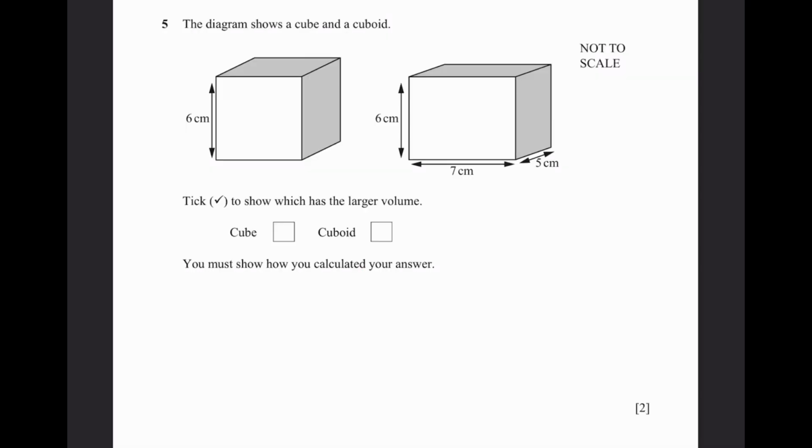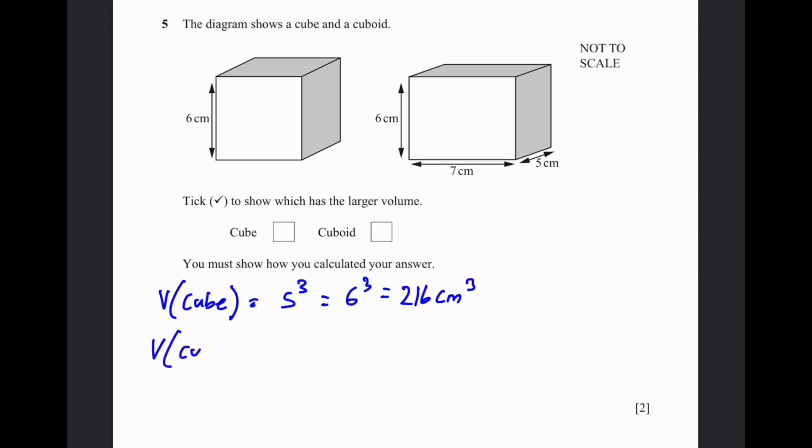Question 5. The diagram shows a cube and a cuboid. Tick to show which has the larger volume. You must show how you calculated the answer. First of all, let's calculate the volumes of each. The volume of a cube is equal to the side cubed. 6 cubed is 216 centimeters cubed.